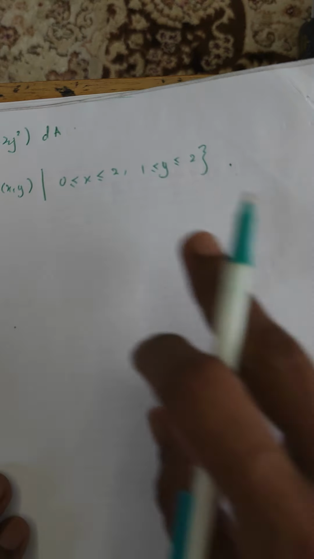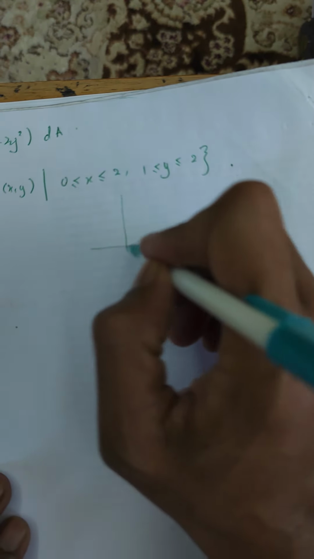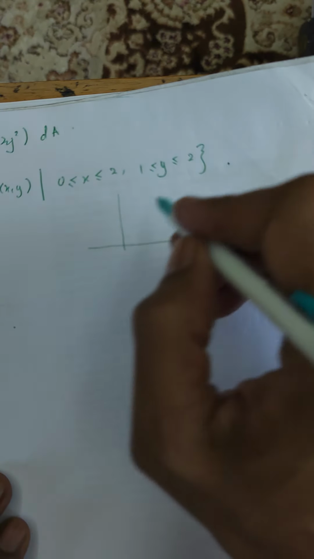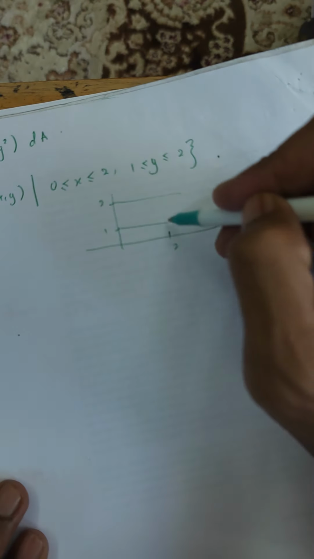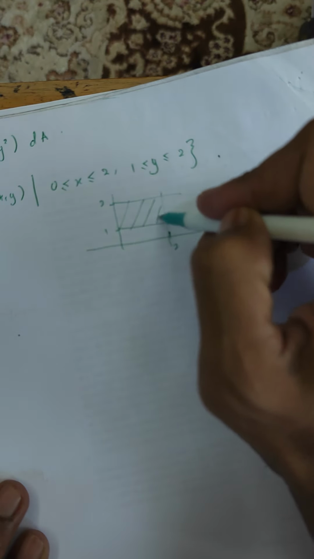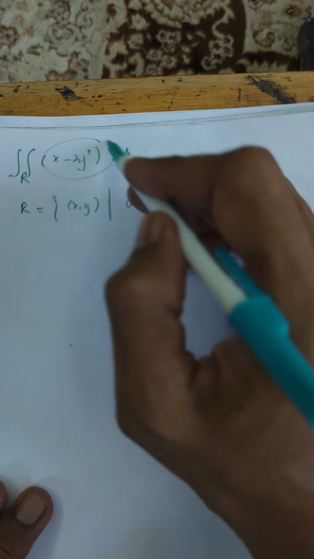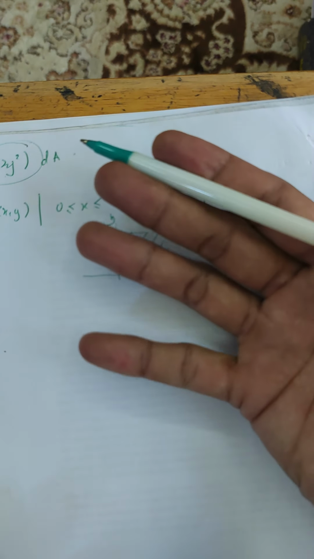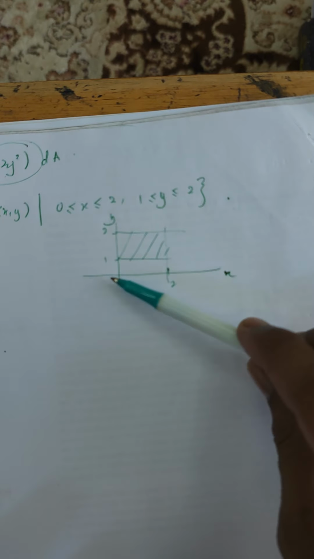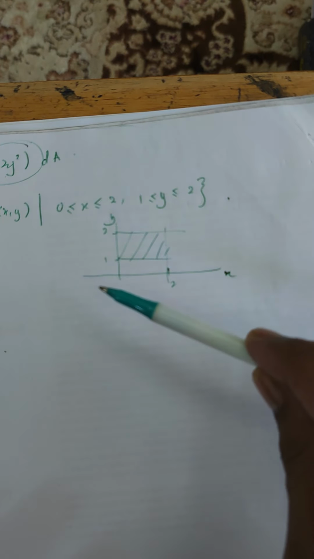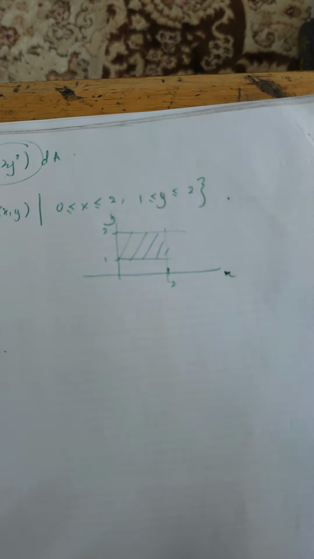Okay, so describe this region. Your x is from 0 to 2, y from 1 to 2. So this is our region, this is x, this is y, and for the function f, you can imagine that it's on the z-axis, where this z-axis points towards you, and you will have a surface there.